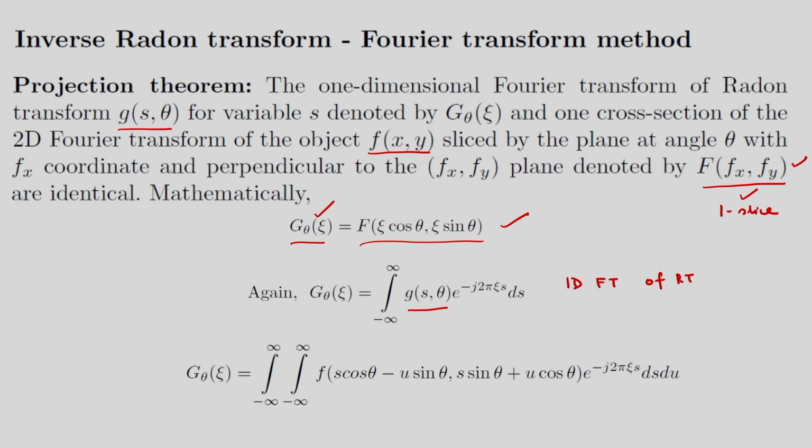After this, in place of g(s,theta), I put the ray sum equation that I have already defined. Just putting the ray sum equation in this expression, I will get this one, and also I am considering dx dy equal to ds du, which you already know. So this is the ray sum equation I have already defined, and from this we are getting this.